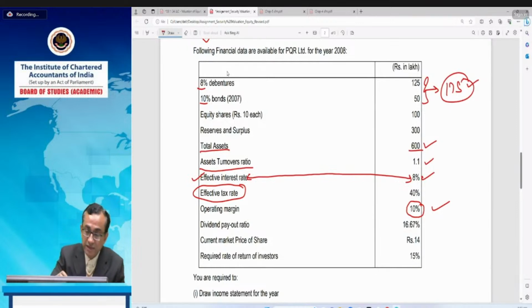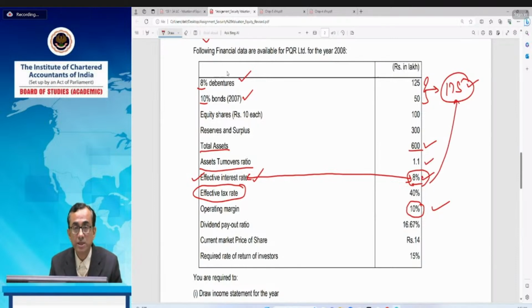If this effective interest rate would not have been given in the question, then you have to calculate interest separately, means 8% on debentures and 10% on the other. But since this effective interest rate is given, you have to calculate the interest at the rate of 8% only. On what amount? On this amount, 175, debentures plus bond. I hope it is clear to you.